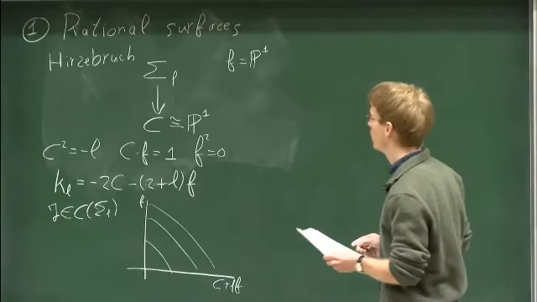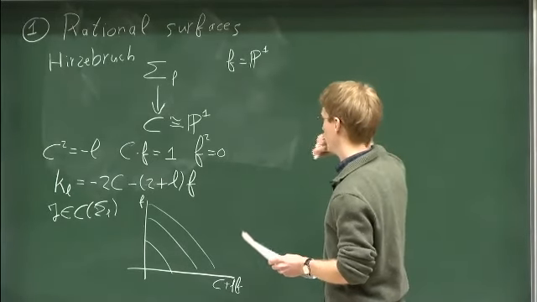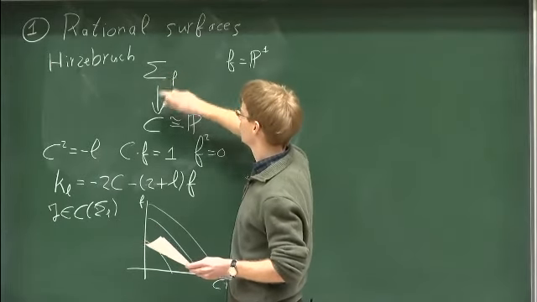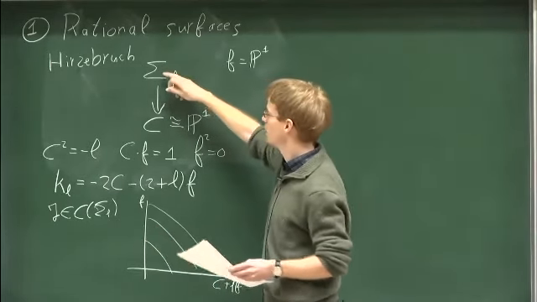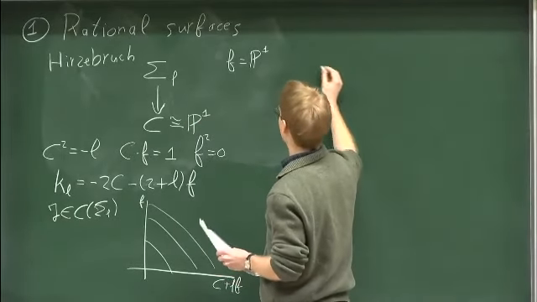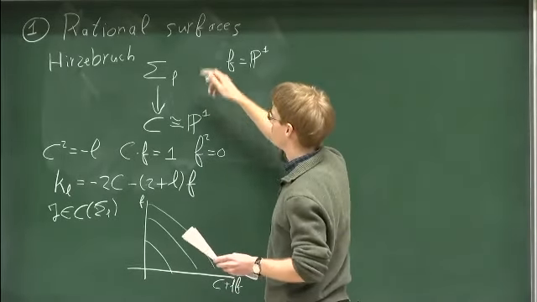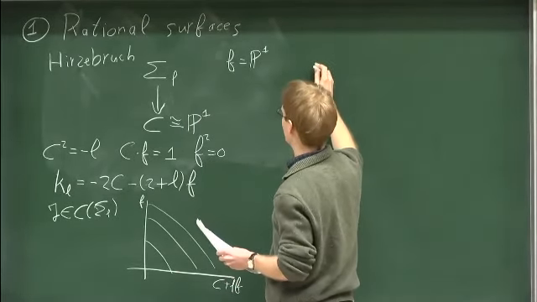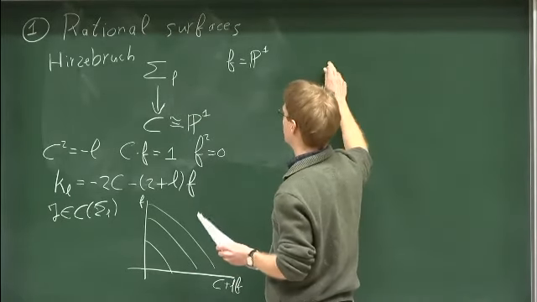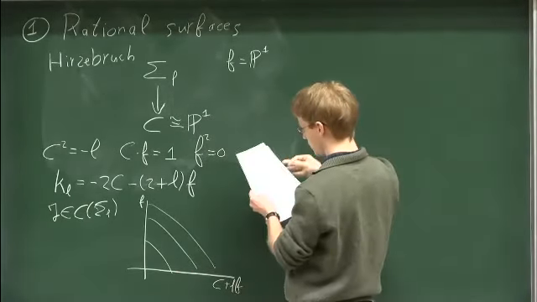Okay, then all the other rational surfaces are obtained essentially from blowing up points in the Hirzebruch surface, except for the projective plane itself, which is obtained from blowing down one point of the Hirzebruch surface with L equal to 1.